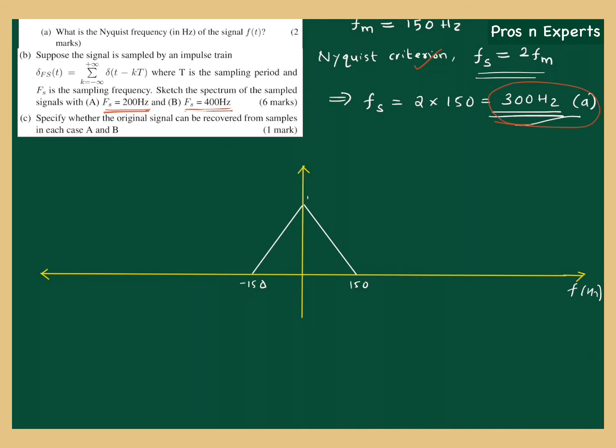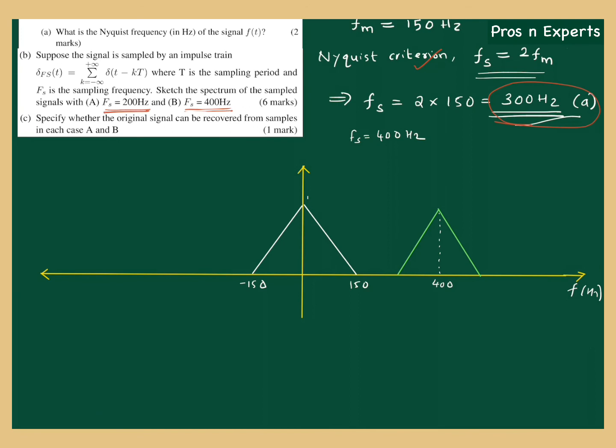So what happens to the next replica? I can draw the next replica somewhere here. And what will be the frequency at this position? It is always 1 fs, and here fs is 400 hertz. So here it is 400 hertz. Now what will be this value?